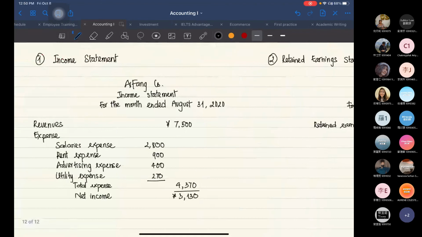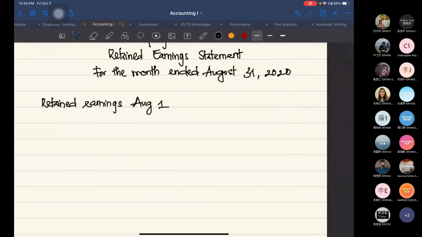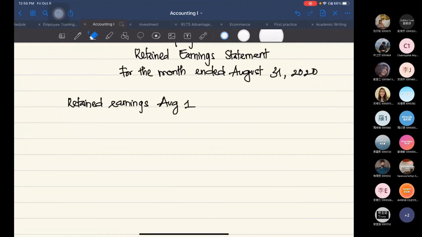So we need to get the beginning retained earnings. Can someone give me the number of retained earnings?